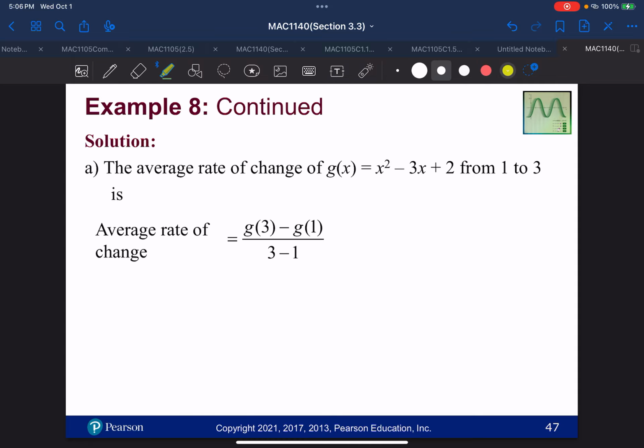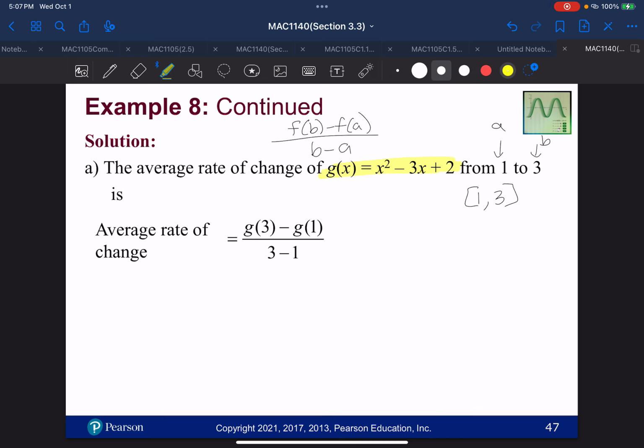So first, let's find the average rate of change. Again, when it says from 1 to 3, 1 will be our A, 3 will be our B. So the interval will be from 1 to 3. The formula for the average rate of change is f of b minus f of a over b minus a.